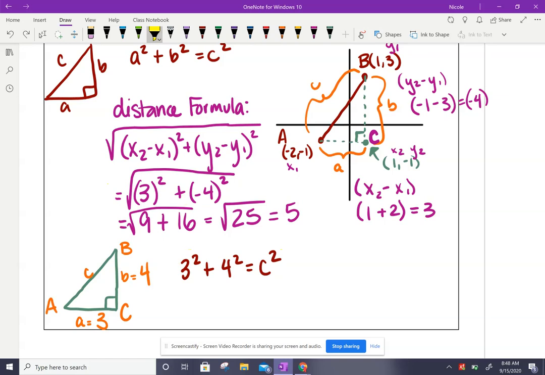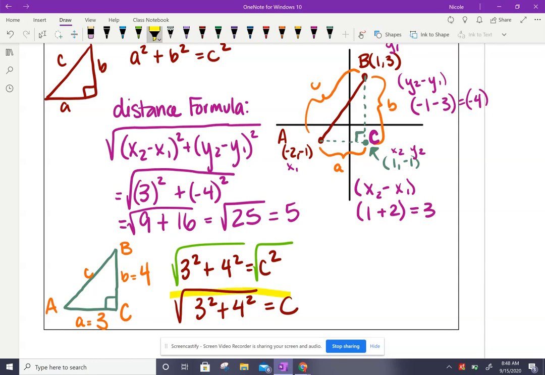And the reason would be if I were to square root both sides, that would cancel out the square on my c, and I would be left with the square root of 3 squared plus 4 squared equals c.